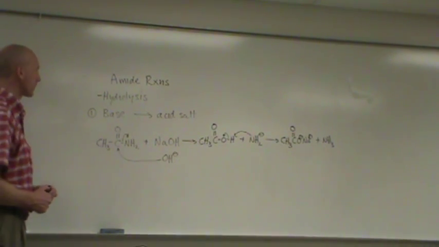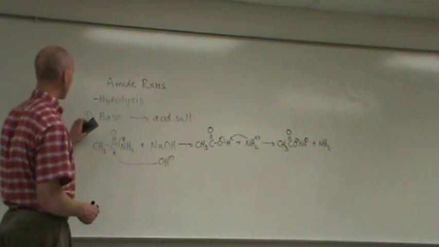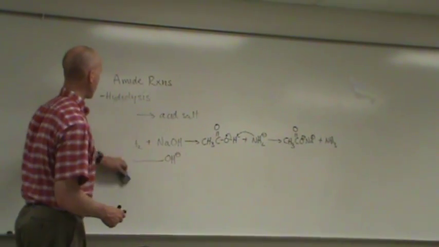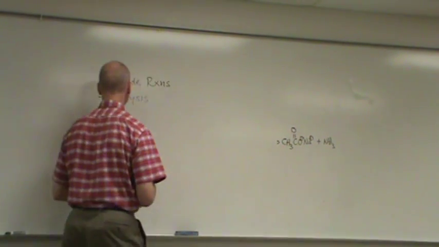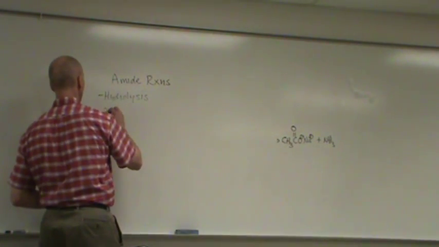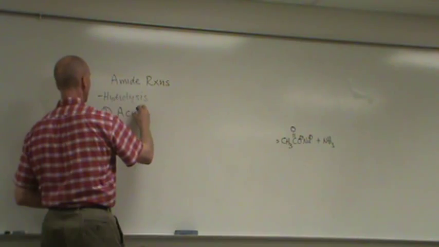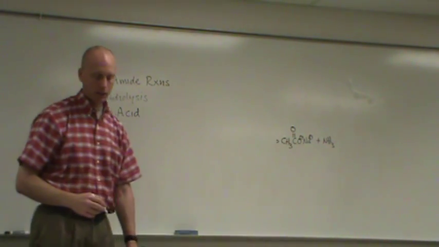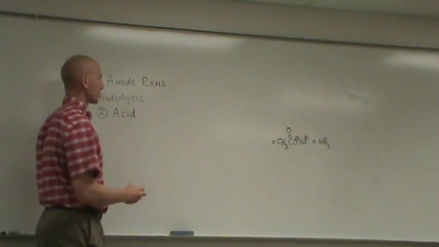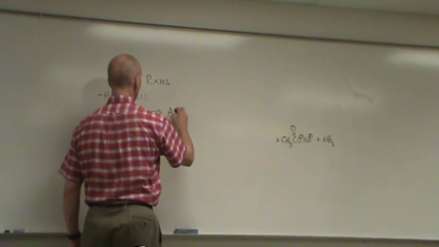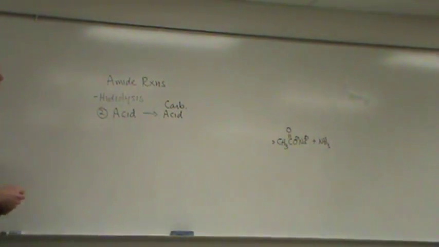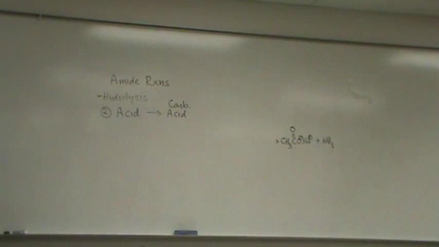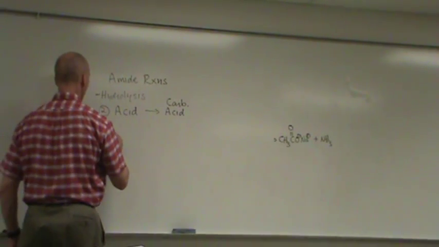All right, let's look at the other hydrolysis reaction, which will be the acid hydrolysis. If you look on your outline sheet, the acid hydrolysis gives you the carboxylic acid as the product. So let's take a look at an example.